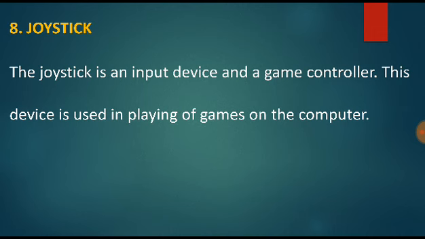Now the next one, we have what we call the joystick. The joystick is an input device and at the same time a game controller. So here we can say that all game controllers are examples of peripheral devices.